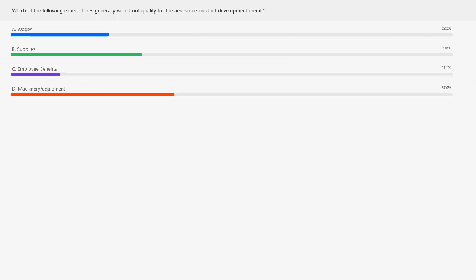All right. So we've got some answers across the board here, and this was not meant to be a trick question, but machinery and equipment generally does not qualify for the product development credit because it's not falling into one of those high-level categories: wages, supplies, and employee benefits.